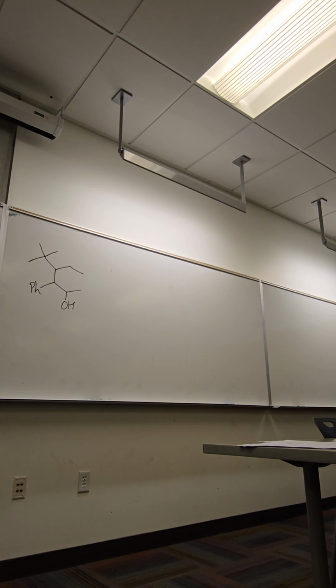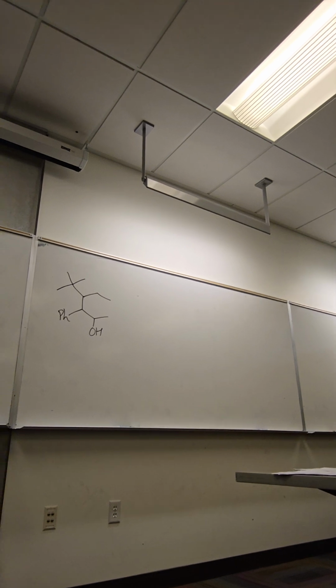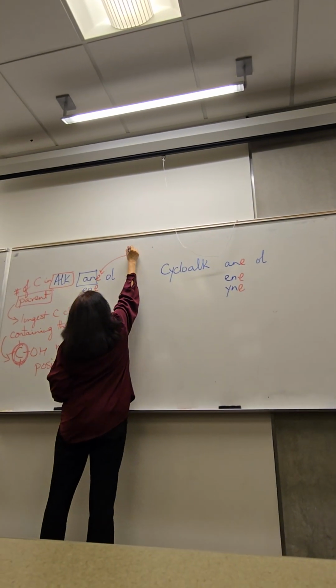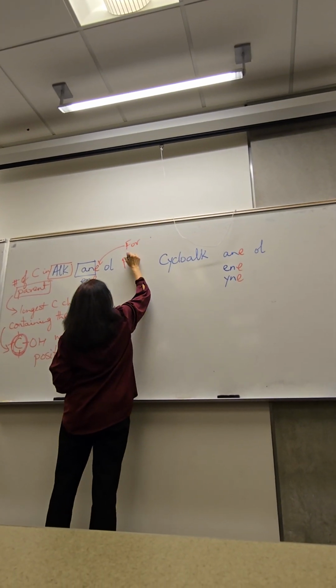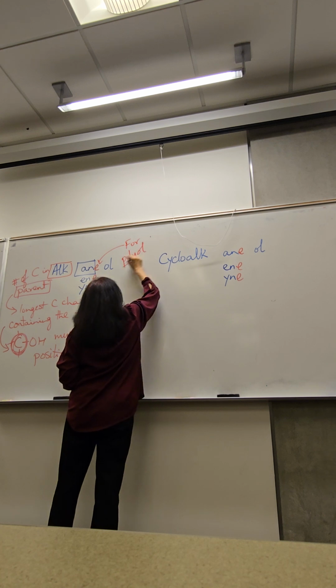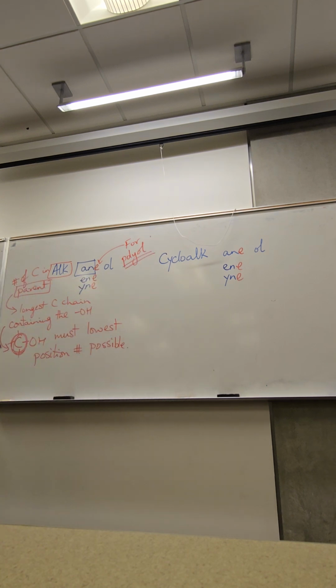Cycloalka, but in that case, yes, cycloalkatriol. But in that case, we keep an E over there. For polyols, if there is more than one alcohol, then we keep the E at the end. Okay? And I'll try and make sure I draw examples of all different kinds.